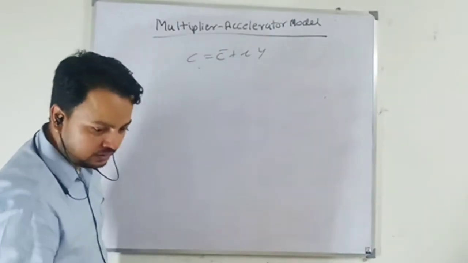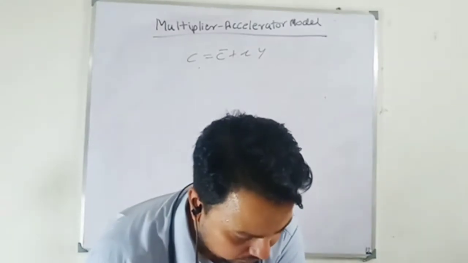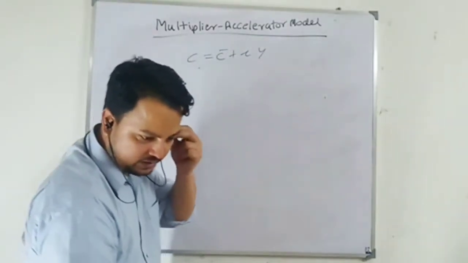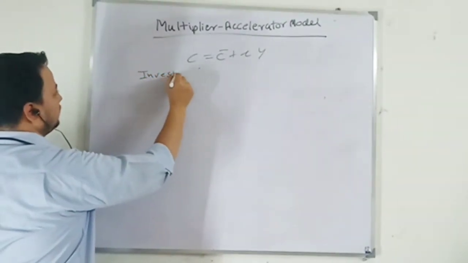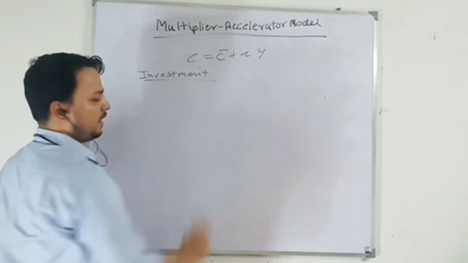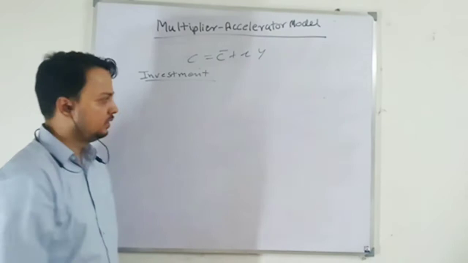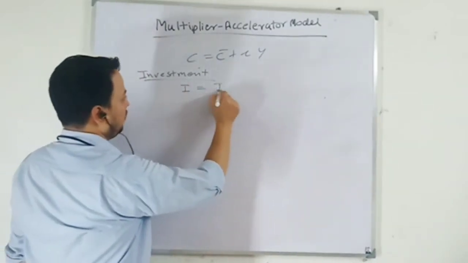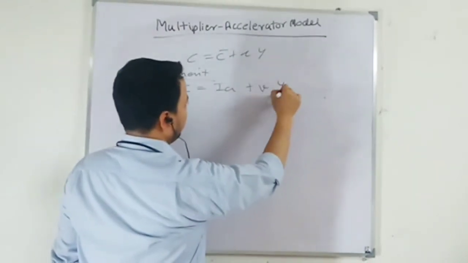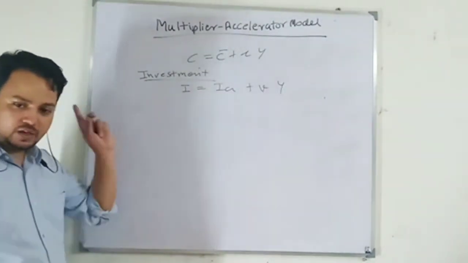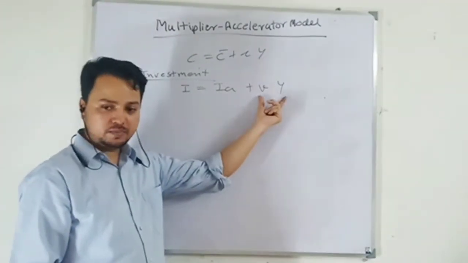And the second thing, investment. Hicks defines one as autonomous investment and the second as induced investment. So investment is autonomous investment I A plus V Y. V is your accelerator that we did yesterday. So this is autonomous investment, this is induced investment. How?